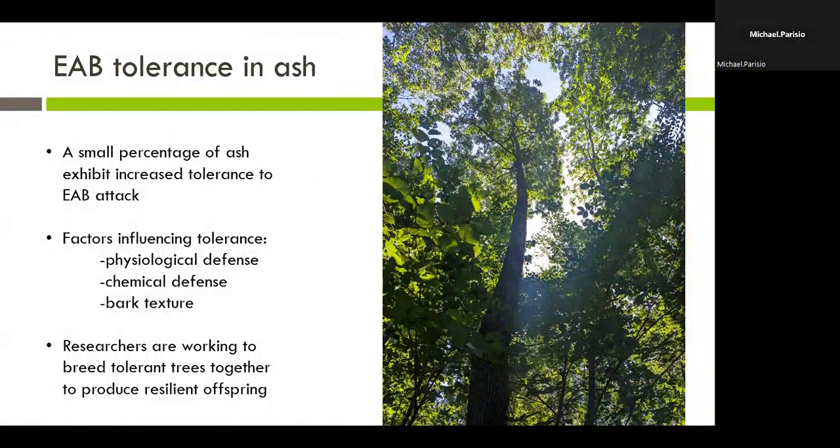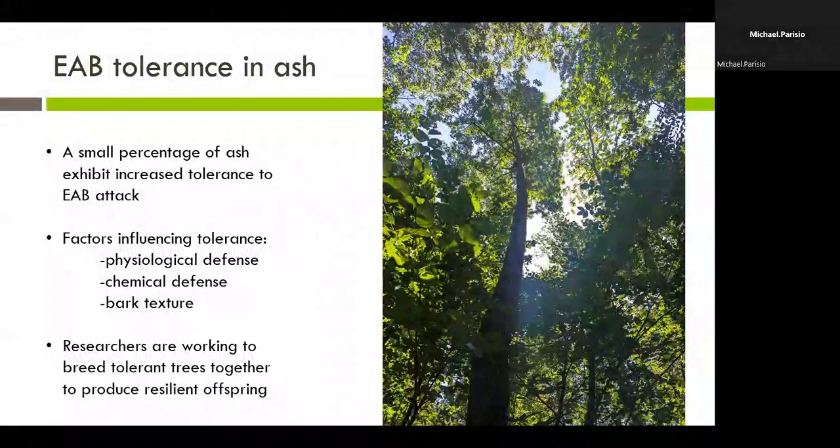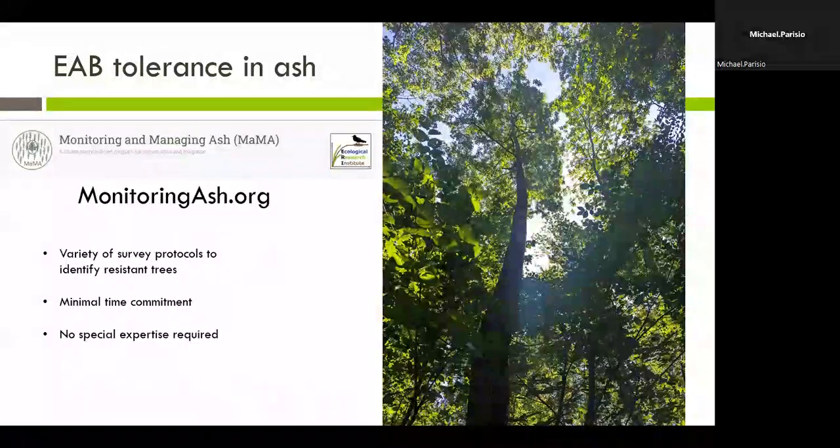And so there are researchers out there trying to identify some of these tolerant trees and start breeding programs where they're breeding these trees together to try and produce even higher levels of tolerance in the offspring trees.